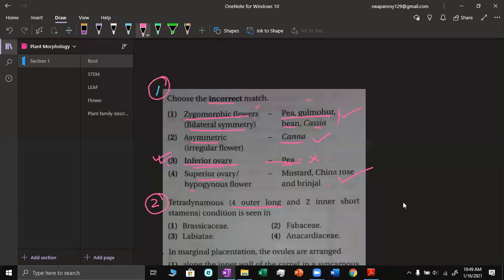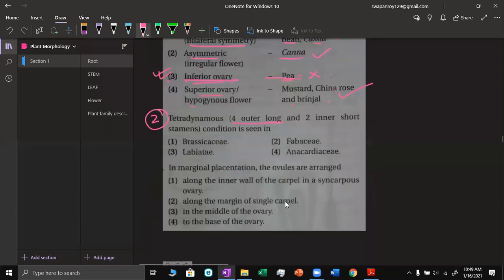Four long, two short is tetradynamous. The tetradynamous condition is found in mustard, and mustard belongs to the family Brassicaceae. Brassicaceae's earlier name was Cruciferae.